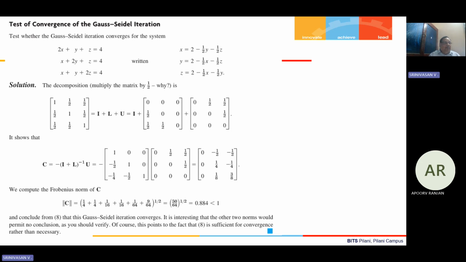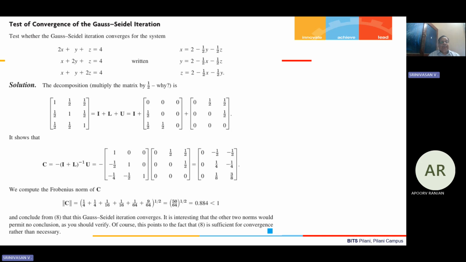If it has infinitely many solutions, find them. If it is inconsistent, you write no solution. Here you need only test whether the Gauss-Seidel iteration converges for the system. That means definitely it will give the solution, but here you are not asked to solve and get the solution. Test the convergence of the Gauss-Seidel iteration method for the given system.